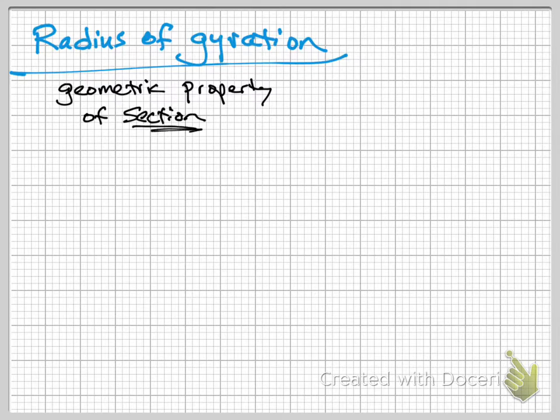Okay, so we need to look up the value of the moment of inertia and the value of the cross-sectional area. Okay, we will define radius of gyration with this particular relationship, where moment of inertia is area times the radius of gyration squared. Okay, that's going to be our equation 3.